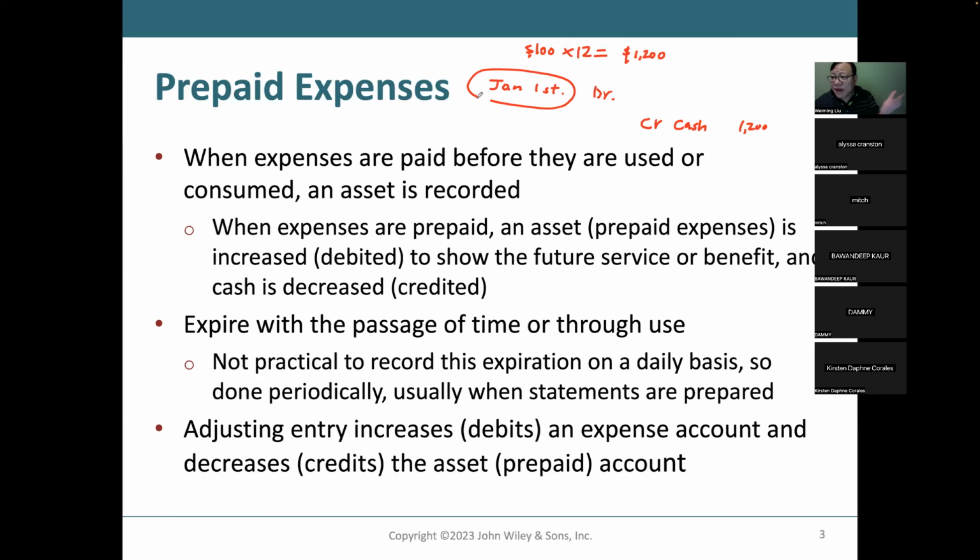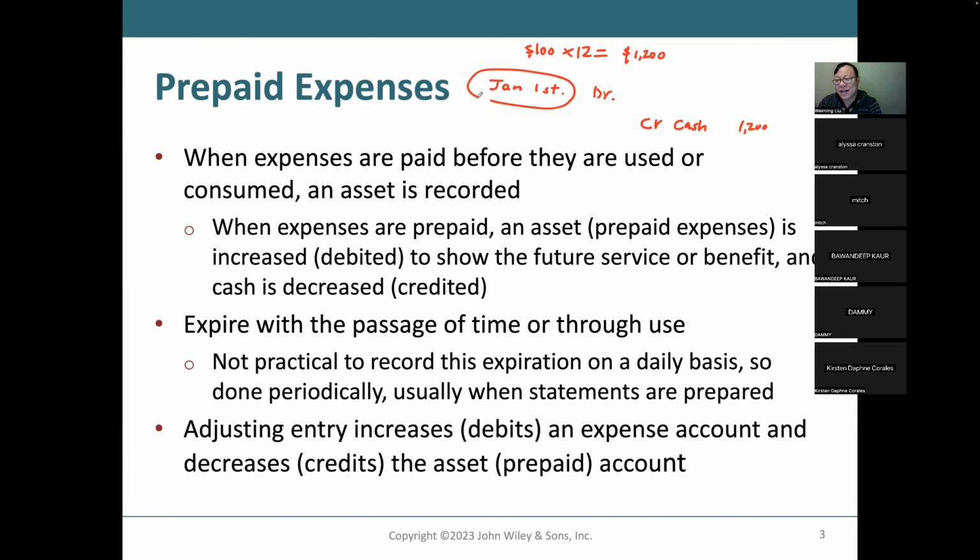I haven't received anything yet. So it should not be expenses, right? Because I didn't consume any service yet.